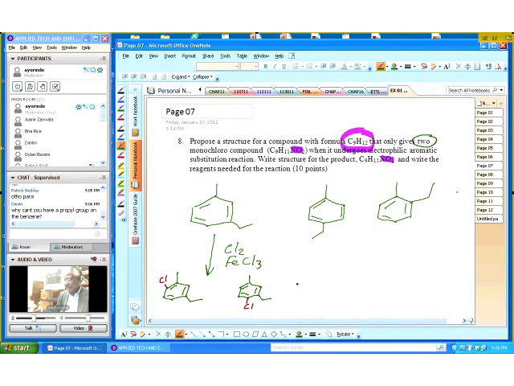Or, in this case, even though it would be a minor product, it could also be formed. Keep in mind, it is a minor product, but it could also be formed, because they are not telling you whether it is major or minor. They simply say it only forms 2 products.